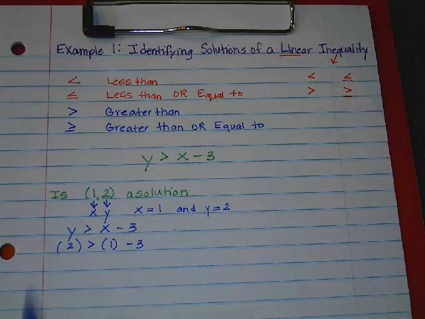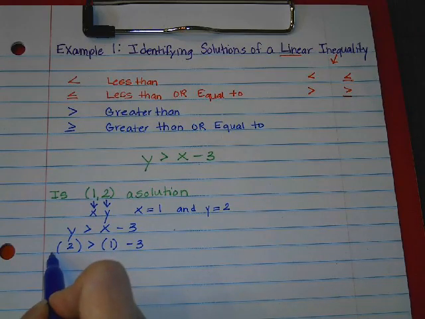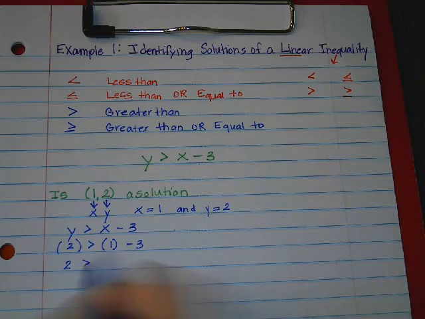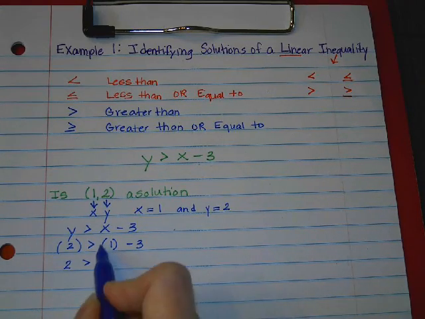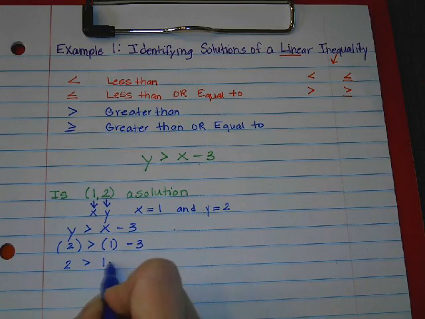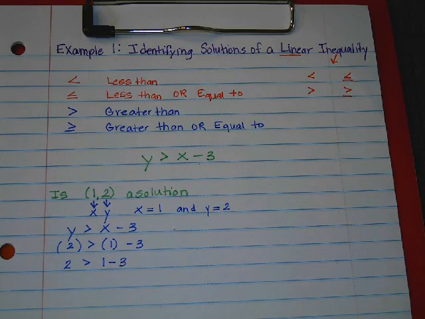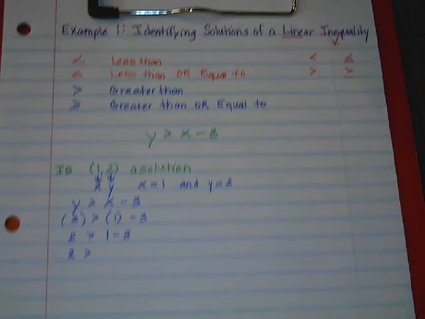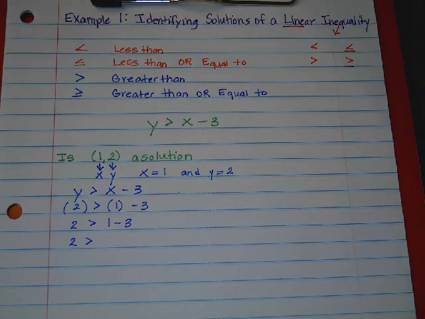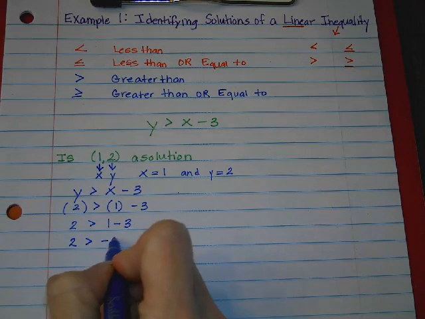Since there are no values out front to multiply by, the 2 just stays 2, greater than, and the 1 stays 1 minus 3. So now we need to solve. We can't do anything with our 2 or our symbol. 1 take away 3 is negative 2.